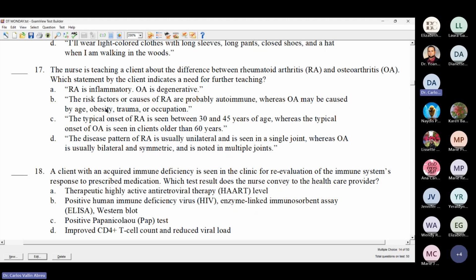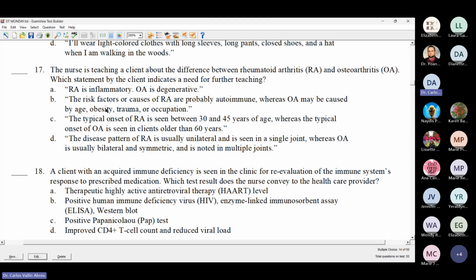Yes, rheumatoid arthritis affects bilaterally, so it affects my right and left, each one of them that I mentioned. By contrast, osteoarthritis, degenerative joint disease, usually is asymmetric, affecting one joint much more than the other. So for example, my bad knee is the right knee. The left is okay.